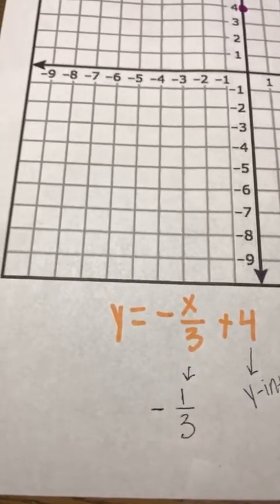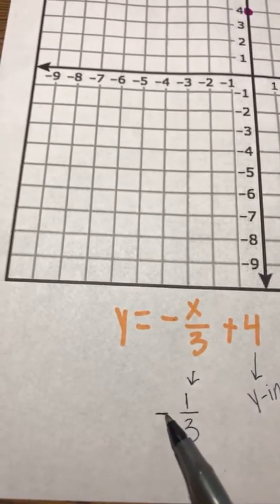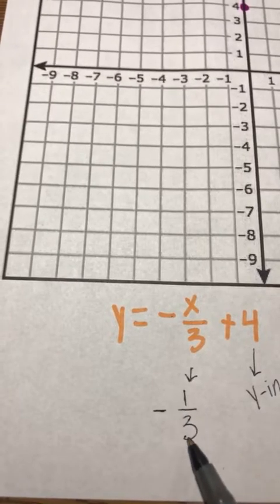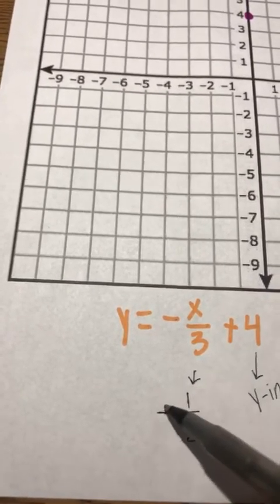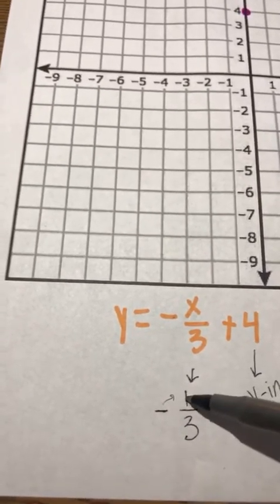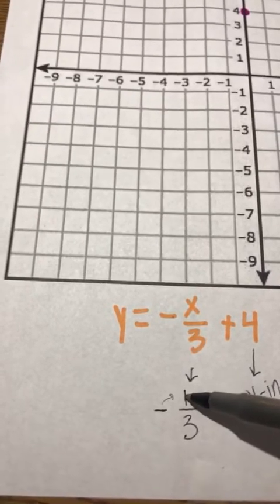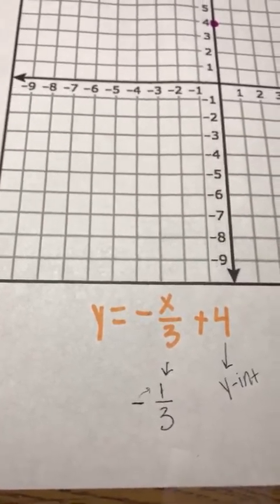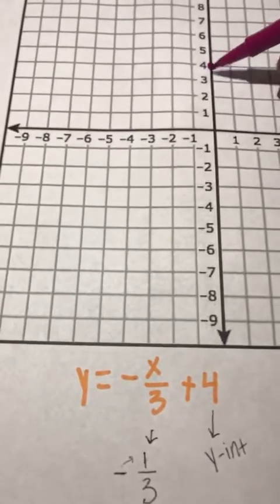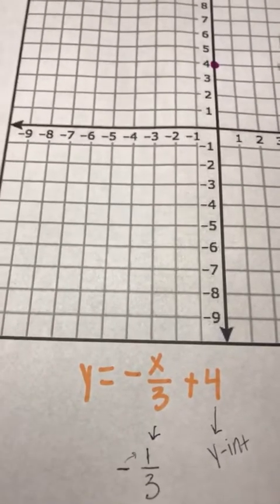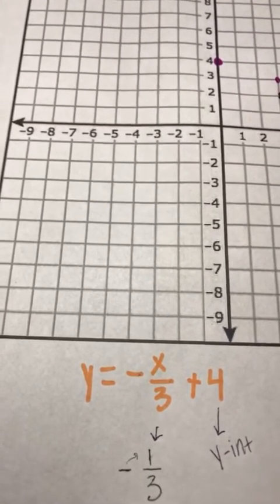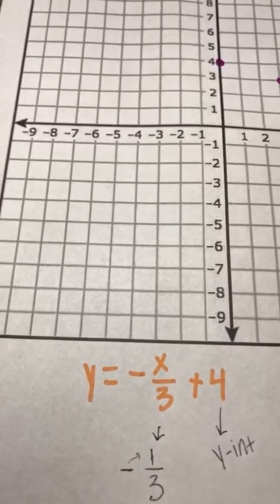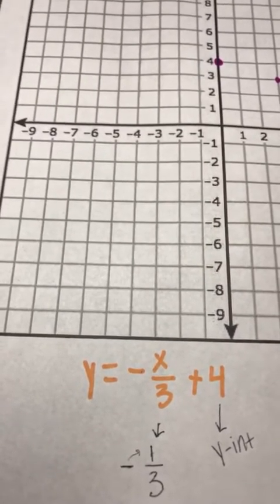The negative can either go with the top or the bottom. I always like to put it with the top. So I'm going to go down 1, positive 3. From my starting point, down 1, positive 3. Down 1, positive 3.